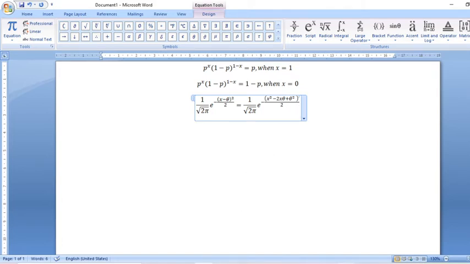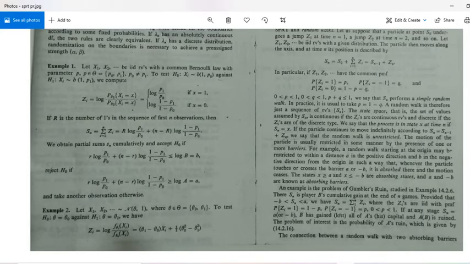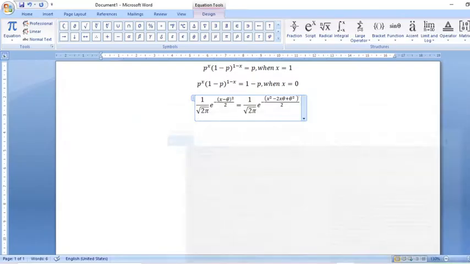So what will be log of f theta 1 xi divided by f theta naught xi?